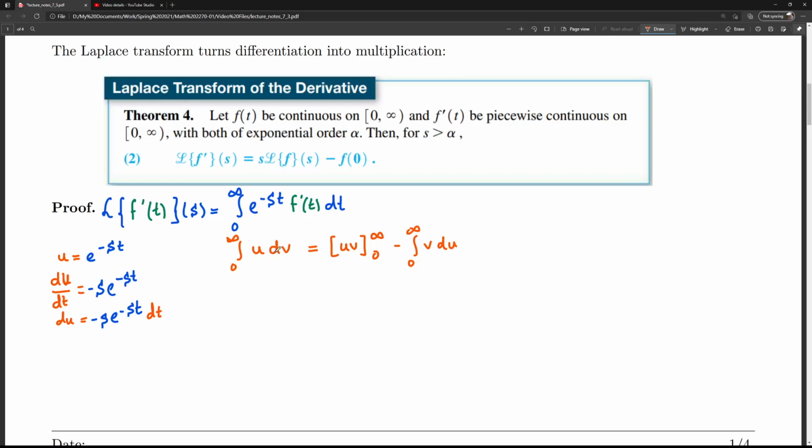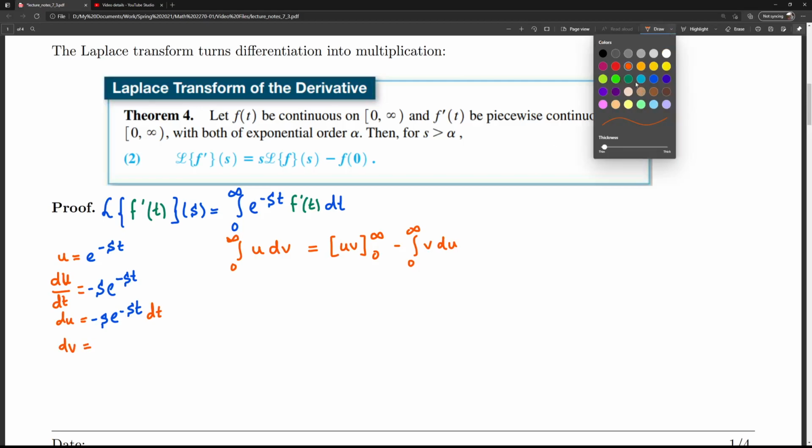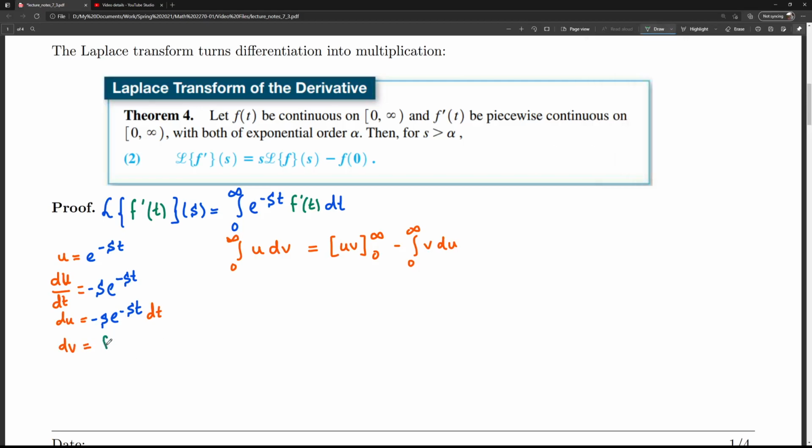Also, if I let dv be equal to f prime of t dt, what I get is dv equals f prime of t times dt.